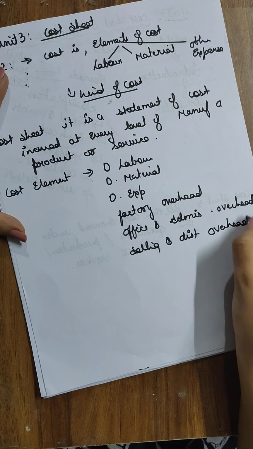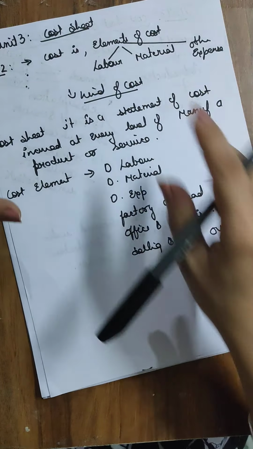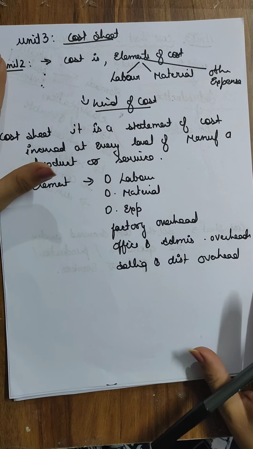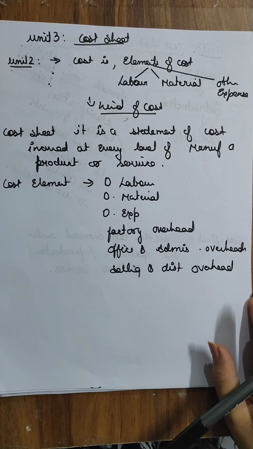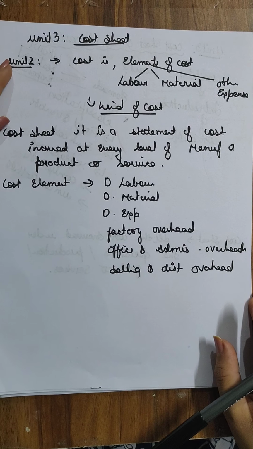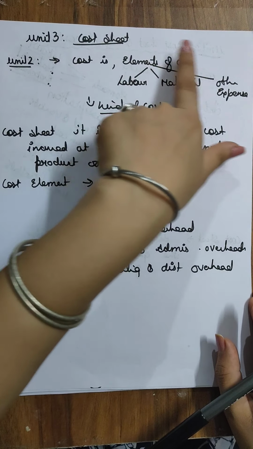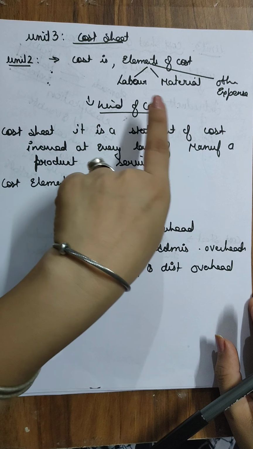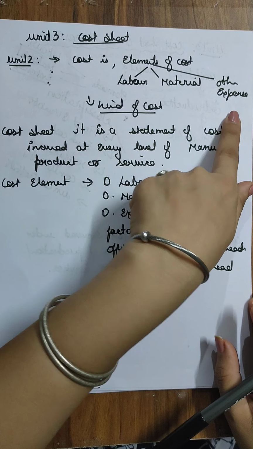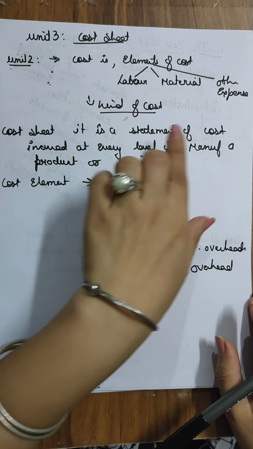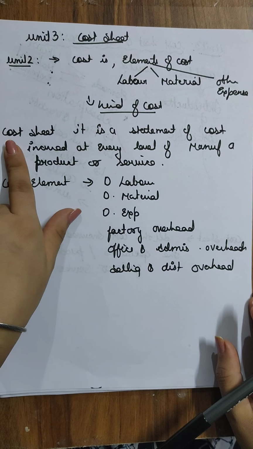So these are the main elements that we have discussed under the unit 2. And now what we are going to discuss is how we are going to show these elements, that at the different levels, how much cost we are incurring. We are going to present them in the form of a statement. That is called a cost sheet.